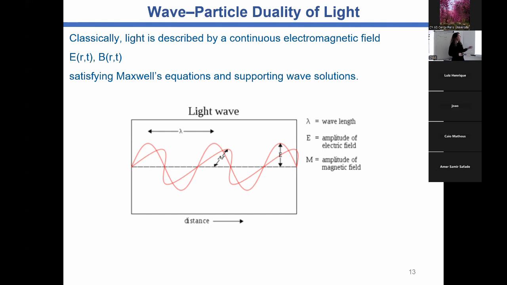we have electrical magnetic field describing the propagation of light into the space. And this electromagnetic field has wavelength, which is the distance between two same points in the space.